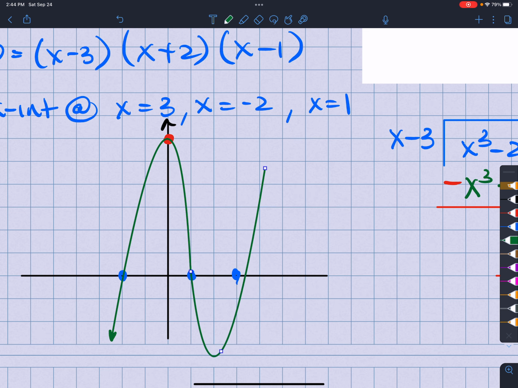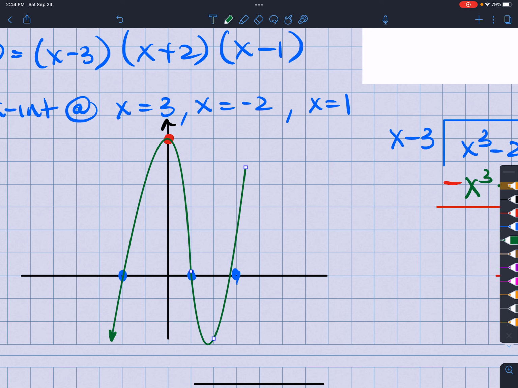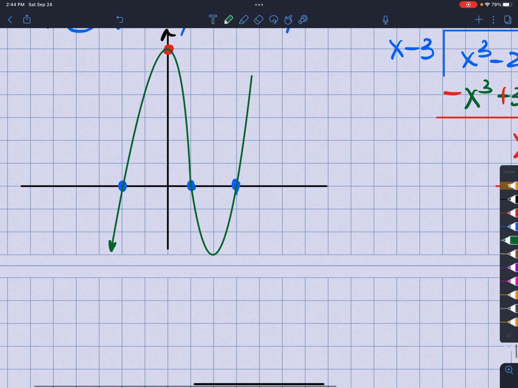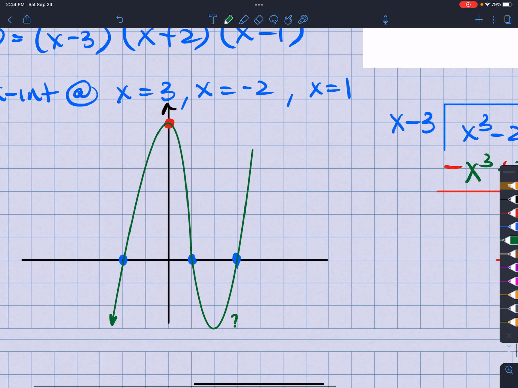Now the scary part is that I don't know how far this goes down. So I'll just do this for now. This is going to be a question mark, right? I don't know how far it's going to go down. I know that it's got to go through this part. Now, here's the other part.